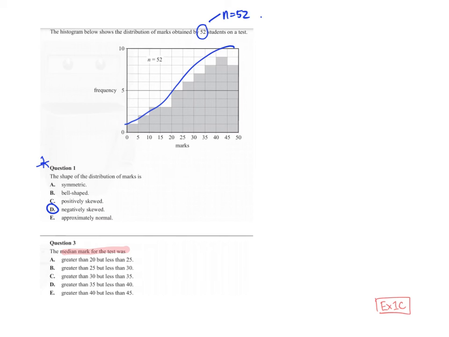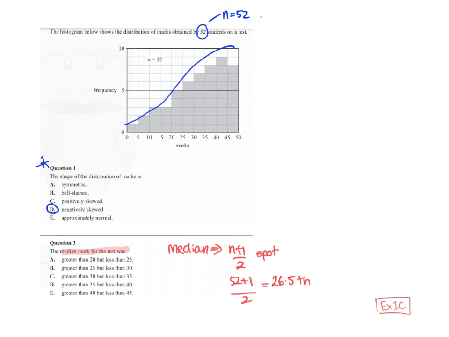So remember, the median can be found at n plus 1 divided by 2 spot. So if I do 52 plus 1 divided by 2, it's going to be at the 26.5 position. Yes? Is that right? Yep, that's right.